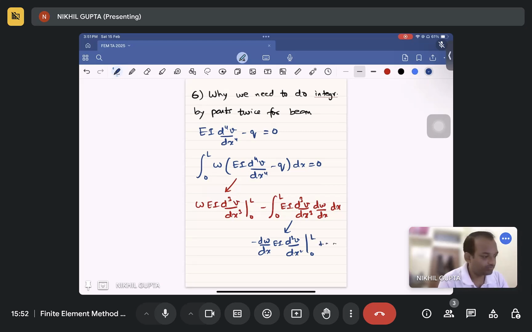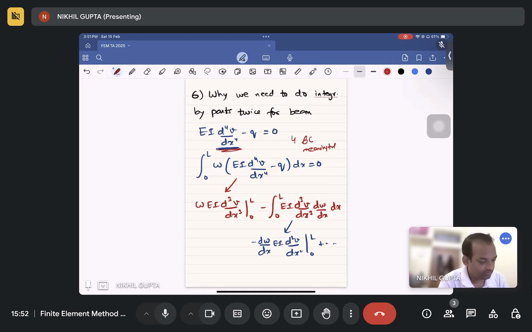Now you see, in the axial problem you have a second-order equation. Now you have a fourth-order equation. So you require four boundary conditions, and those must be meaningful boundary conditions.